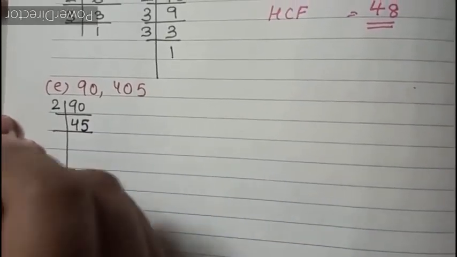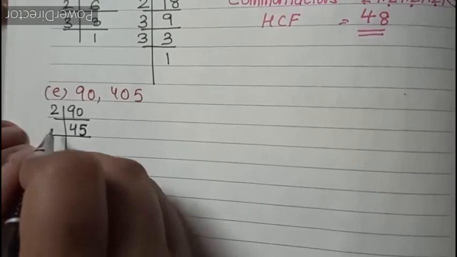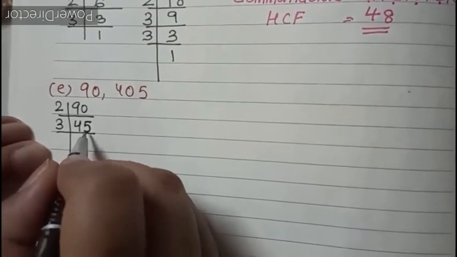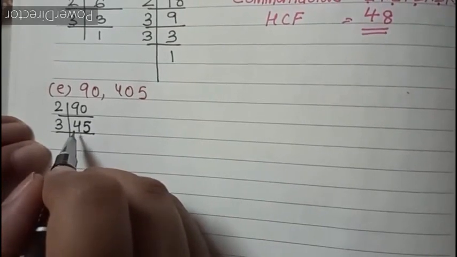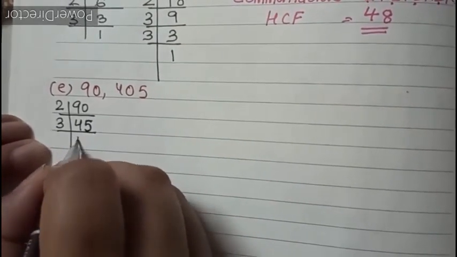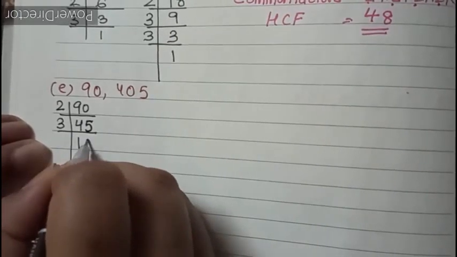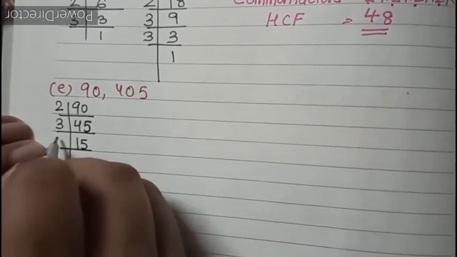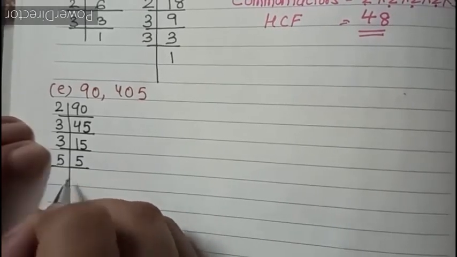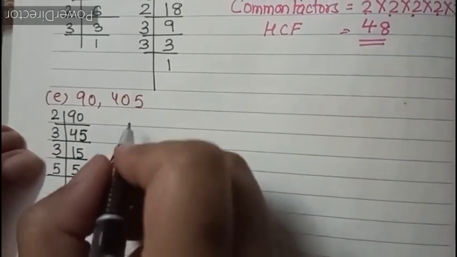So now we will try dividing it by 3. You can use a divisibility test. See, 5 plus 4 is 9. That means this will be divisible by 3. 3 1s are 3, 1 left. 3 5s are 15. Again by 3. 3 5s are 15, and 5 1s are 5.